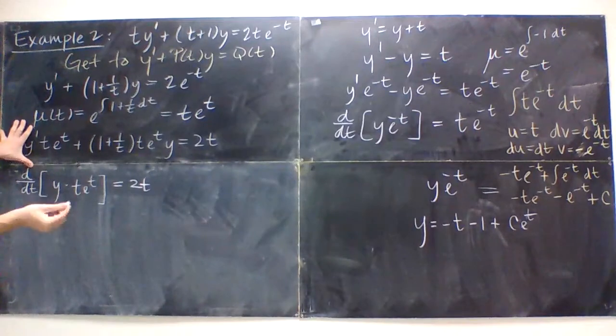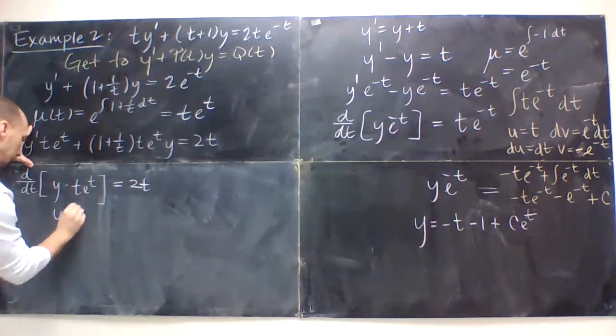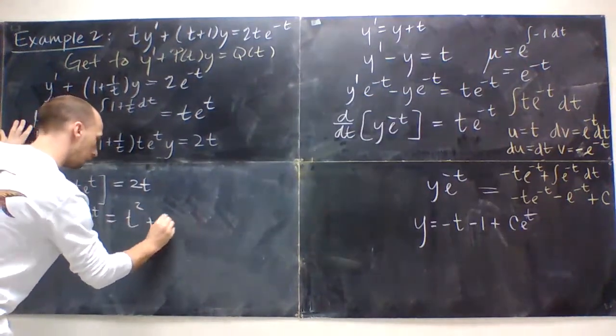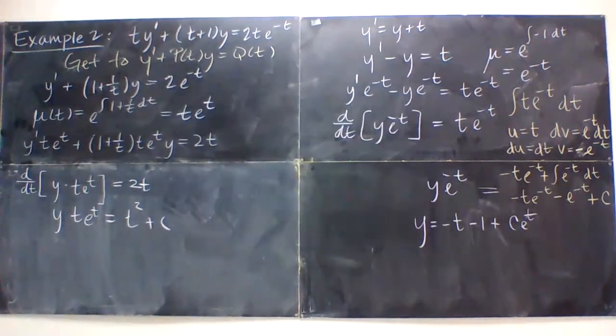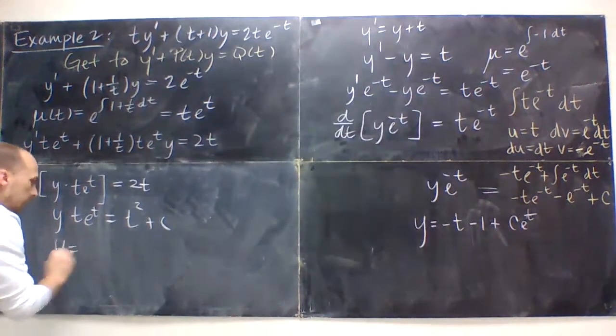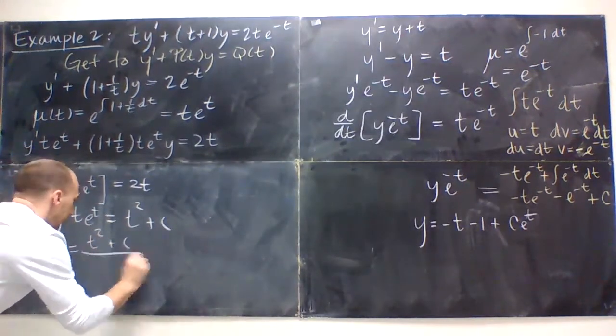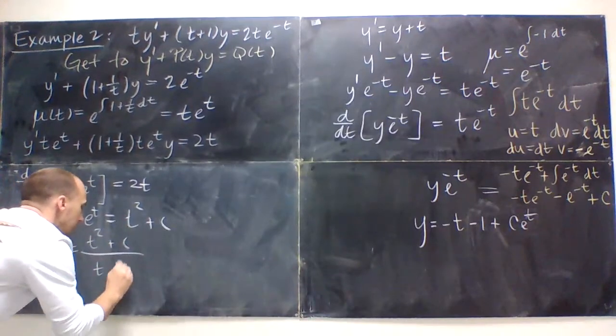And so when I do that, I'm going to have y times t e to the t equals t squared plus c. And I forgot to give you an initial condition again, but I believe that this one did come with one. I'm going to have to go back and look in the textbook. I'm going to say y equals, honestly, I'm just going to leave it as t squared plus c over t e to the t.